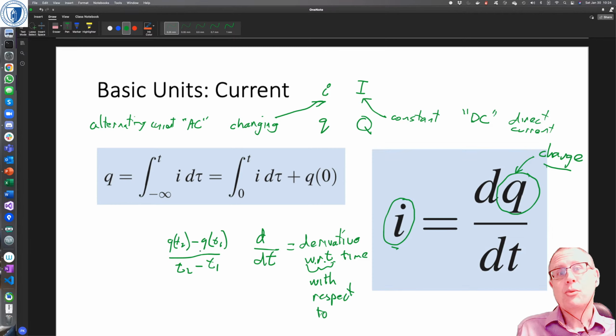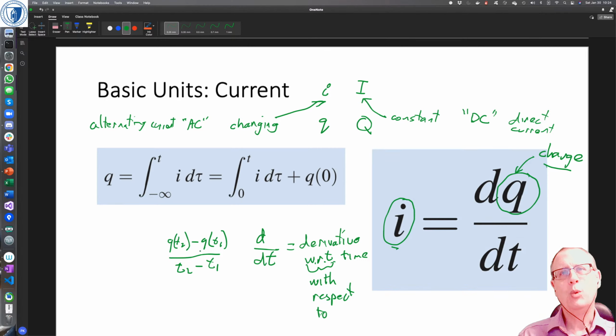I'd call that a differential equation. The other way to write that equation is as an integral equation, and that's what the equation on the left is. You've got the charge, Q, is the integral from minus infinity to t of the current with respect to time.